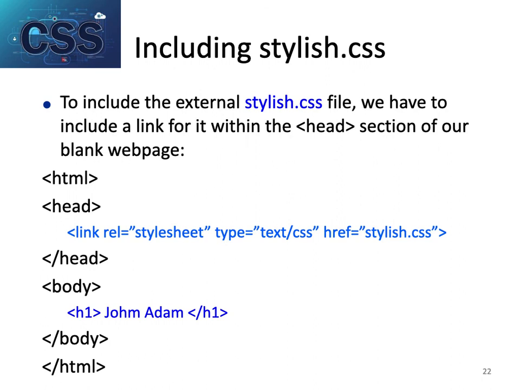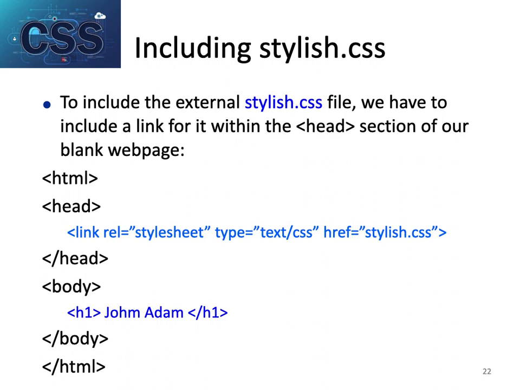So including stylish.css in your web page, to include the external style sheet stylish.css file, we have to include a link for it within the head section for our blank web page. So in the scriptlet, in head section, link tag is specified. REL is equal to stylesheet, that is optional.